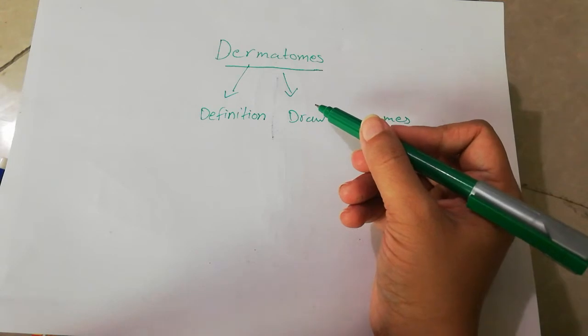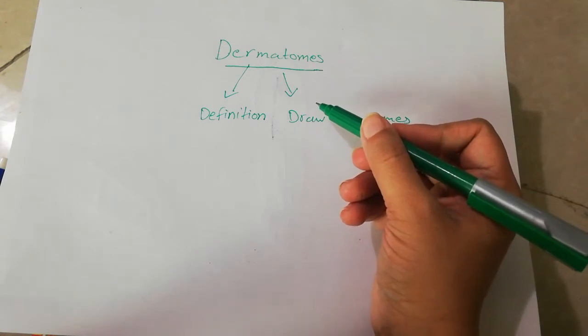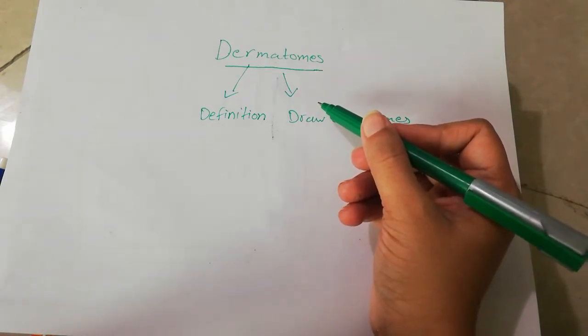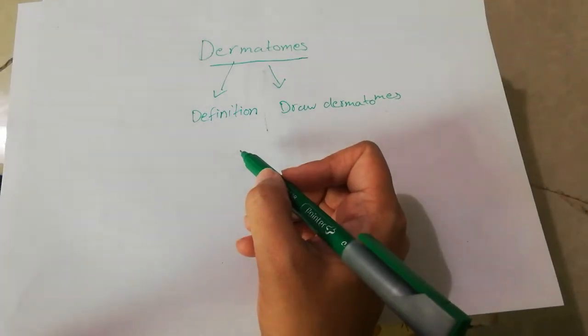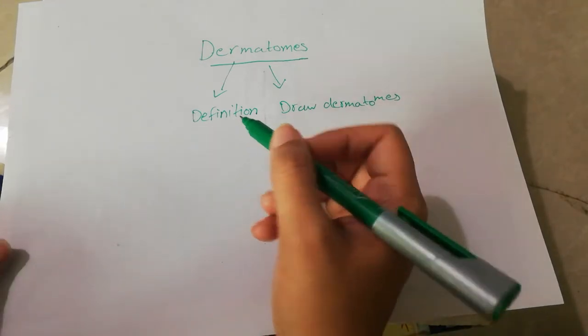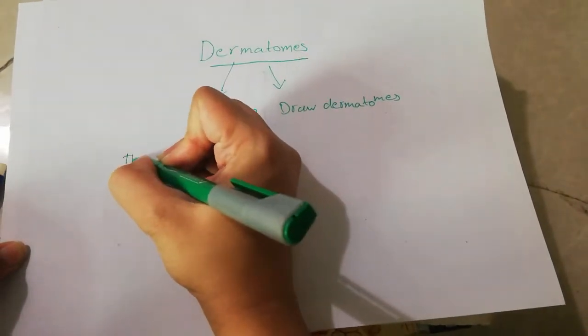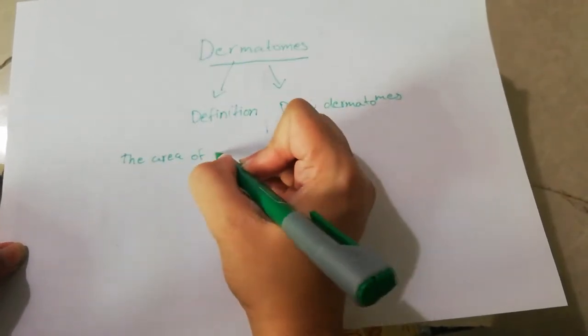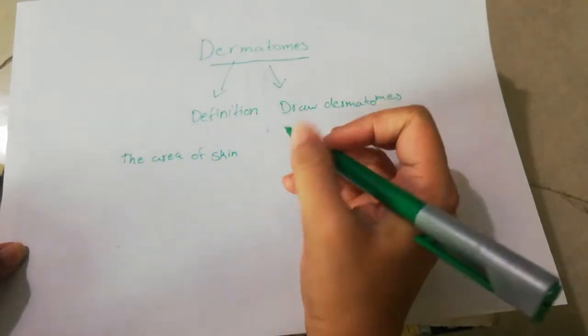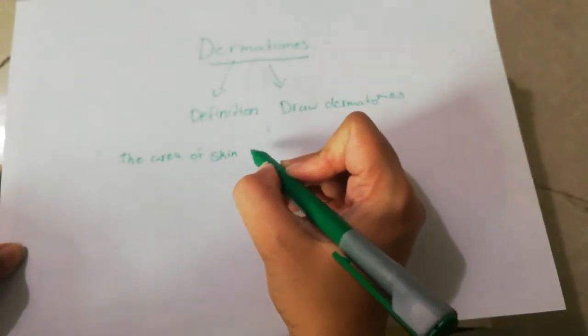Students usually make mistakes such as drawing either the anterior view or the posterior view, and secondly they do not label the diagram properly. What is the definition of dermatomes? The area of skin supplied by one spinal segment is called a dermatome.